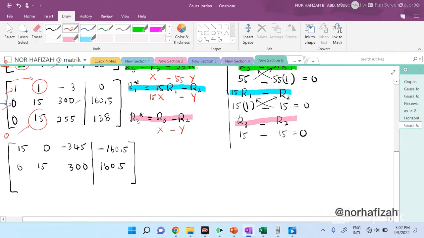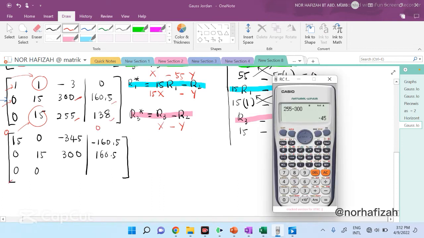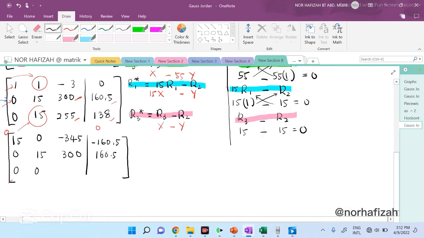Row 3 here minus row 2. Okay, row 2. Right. So 0 minus 0, 0. First column. Okay, 15 minus 15, 0. 255 minus 300 is negative 45. Yes, negative 45. We're going to write here. 138 minus 160.